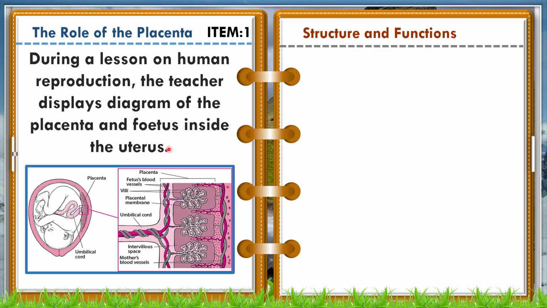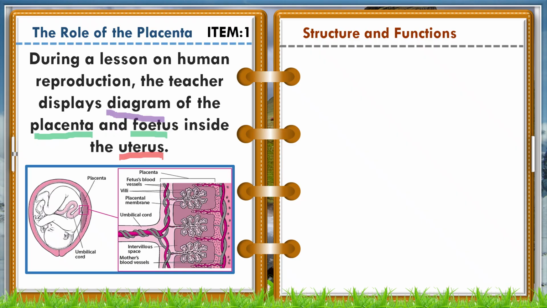So what the teacher has displayed is a diagram of the placenta and the fetus inside the uterus. Let us try to look here before we continue.